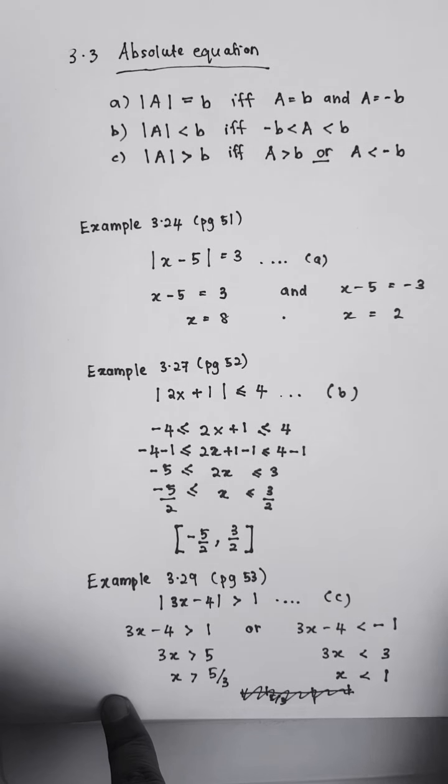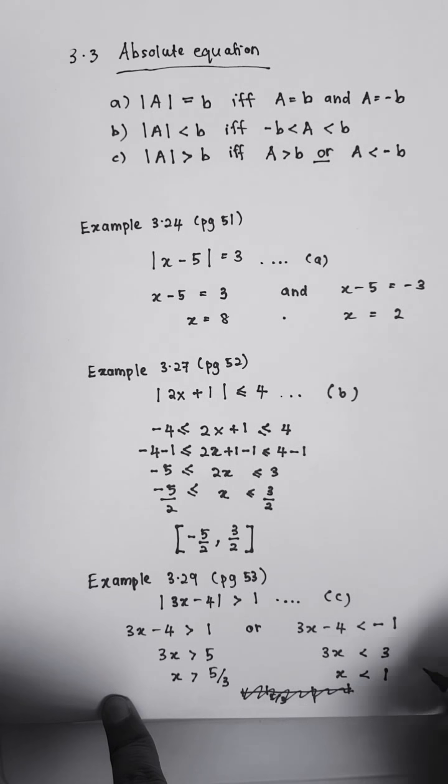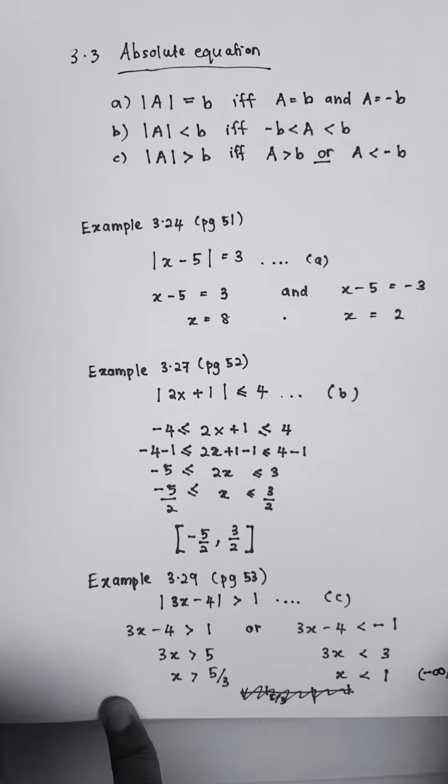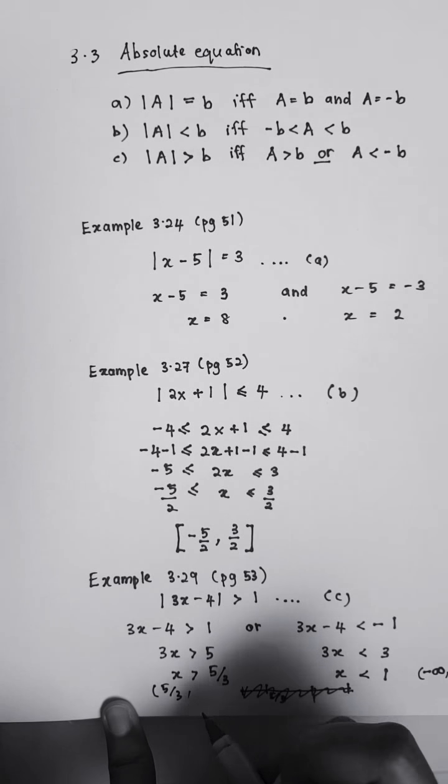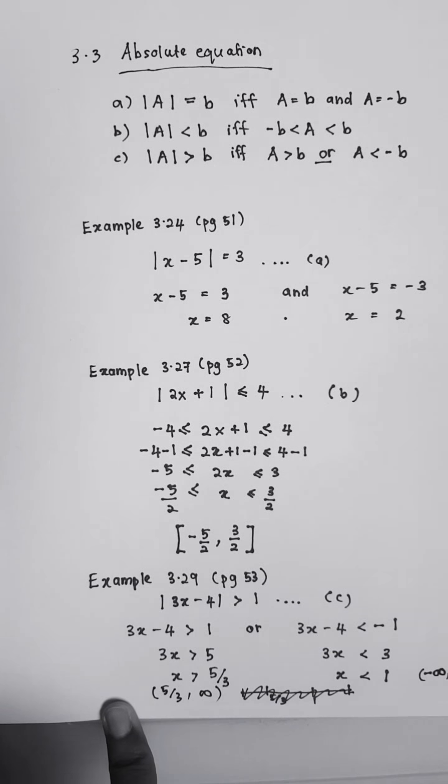Write it in interval notation. Because this is an open interval, not a closed interval, this is from negative infinity to 1, and this one 5 over 3 to infinity.